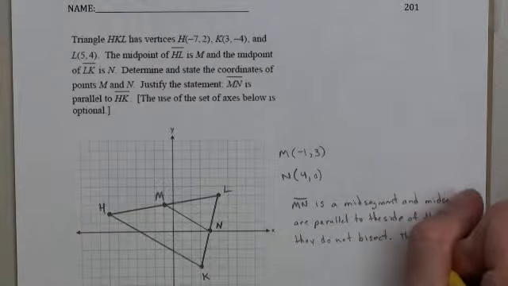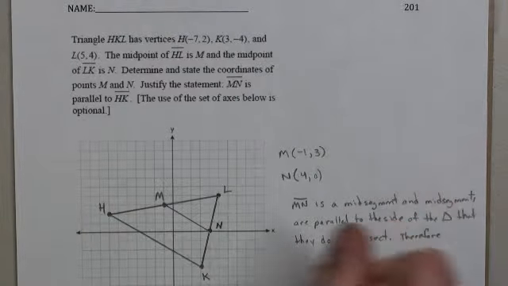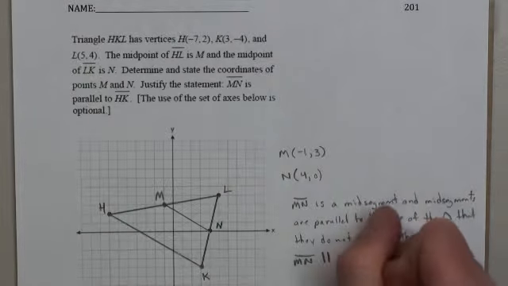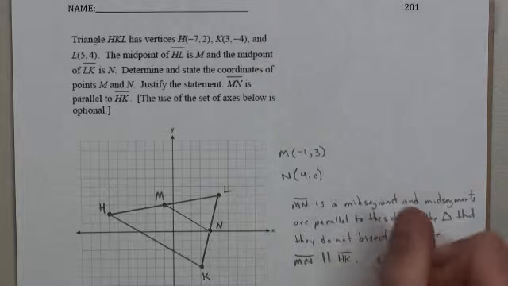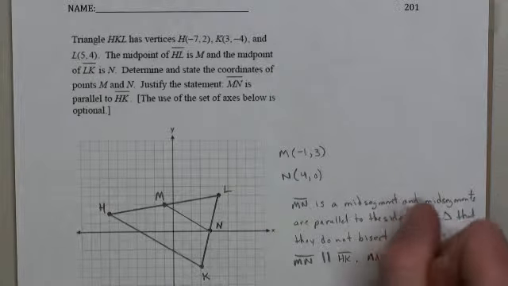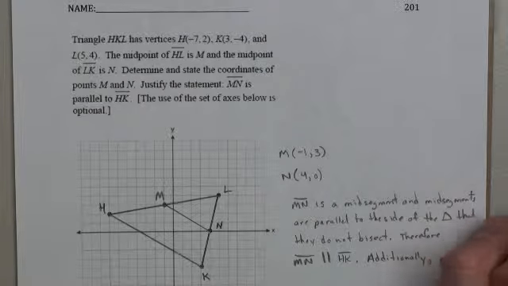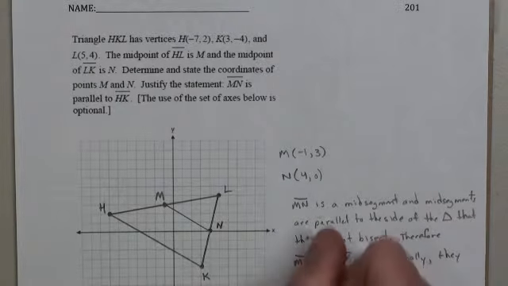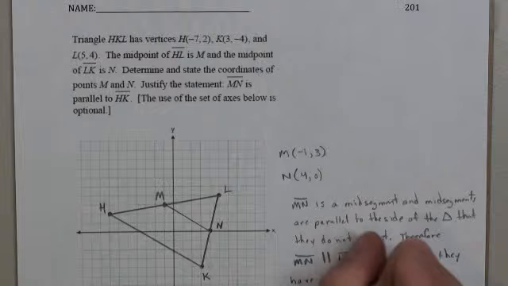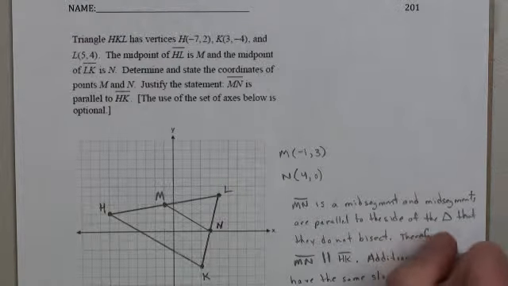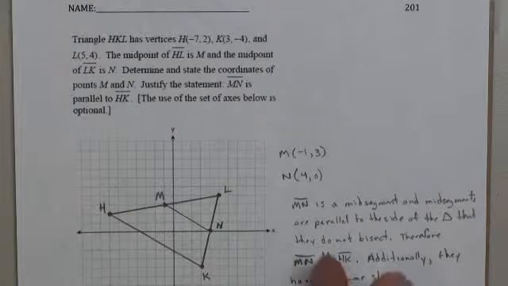So therefore, MN is parallel to HK. Additionally, they have the same slope. And let's prove that.